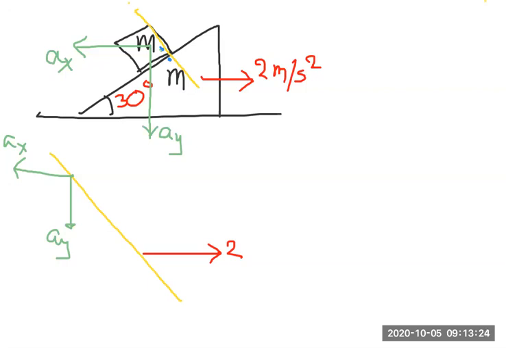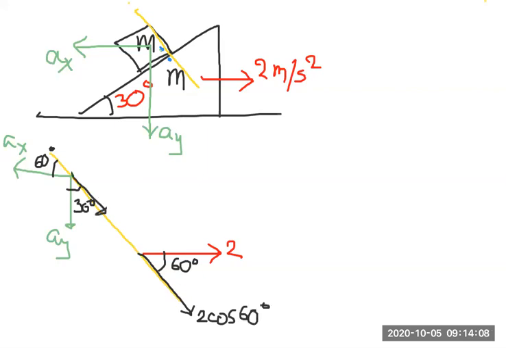So with the vertical, this is 2, and I want the normal reaction, remember, makes an angle which is the same as the incline with the vertical, right? तो ये वाला एंगल कितना हो जाएगा? ये वाला एंगल 60 डिग्रीज हो जाएगा, ये वाला एंगल 30 डिग्रीज हो जाएगा. So this component will be 2 cosine 60 degrees.